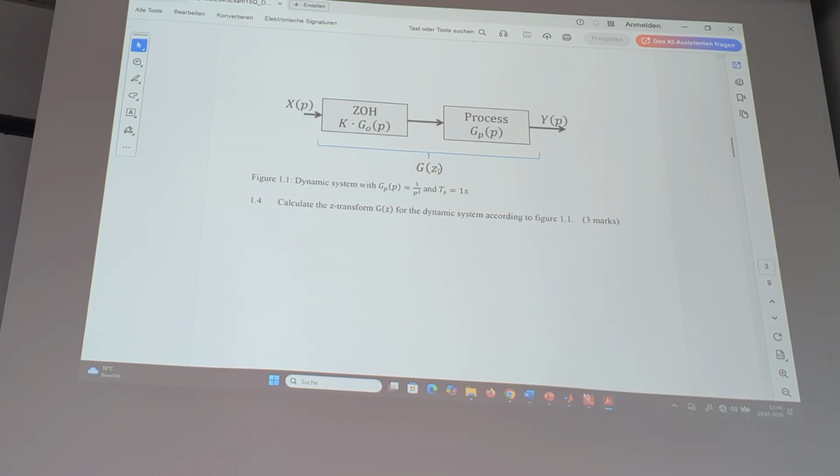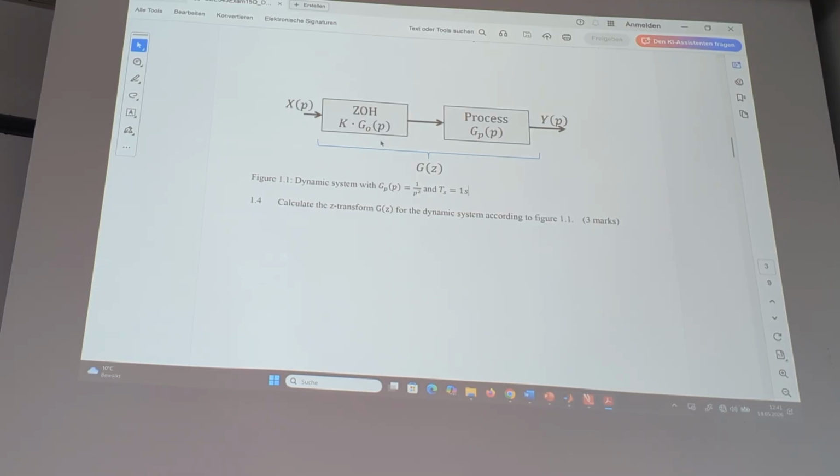G of Z is the product of the transfer functions, so K times GO times GP. So you need to know GO for the zero order hold block, and then it is 1 minus Z to the power of minus 1 over P. Then you can put in the P for the process plant.